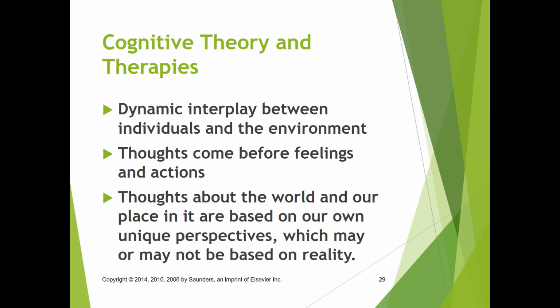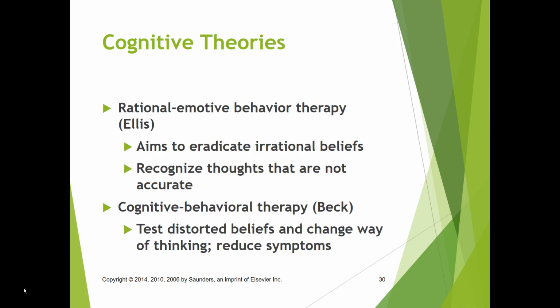So when we're talking to patients, we try to help them to become more reality-based and more aware of their distortions. And therefore, when people are aware of those, they can work on changing them and relate to other people in their environment in a healthier way. So nurses do use these therapies.